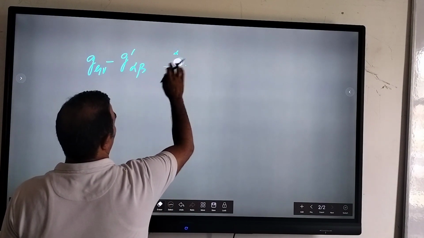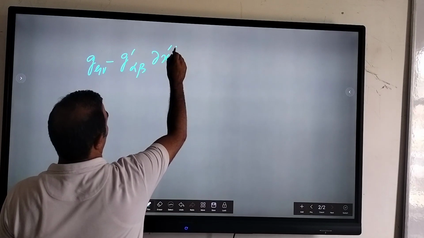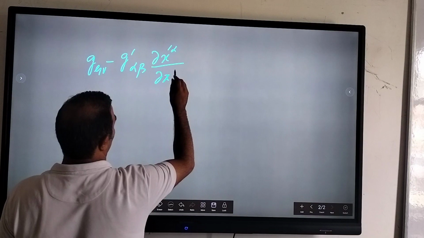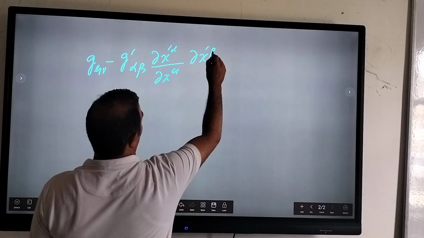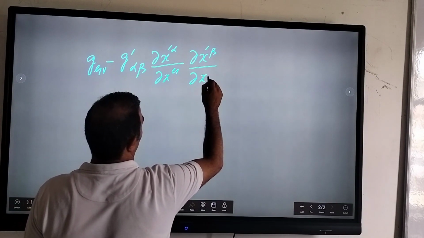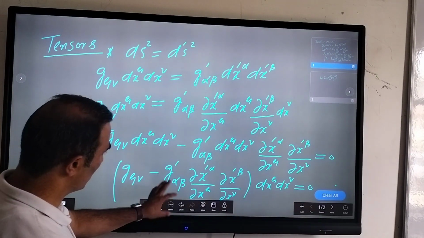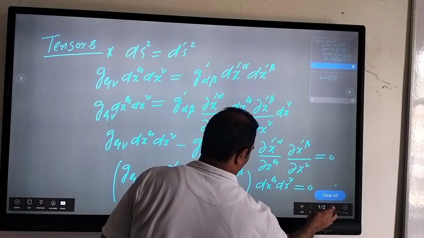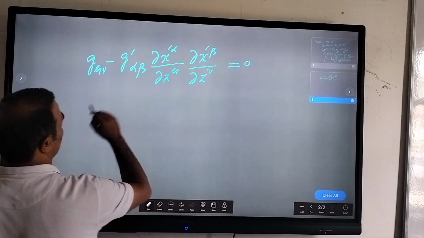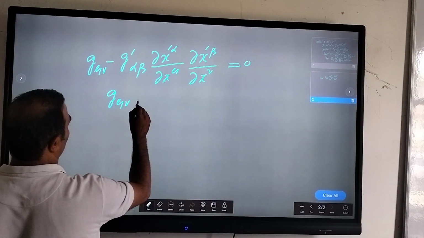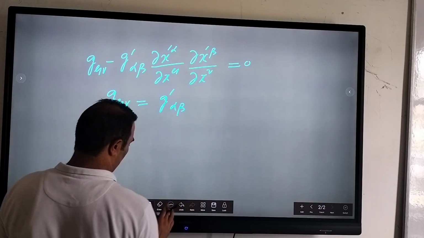So I'm using this partial, so that is to write partial x squared. Okay. So just check if I'm right. So this one, g mu nu equal to this minus g alpha prime. So this should be equal to 0, right? Or you can write this as g mu nu will be equal to... write this first.